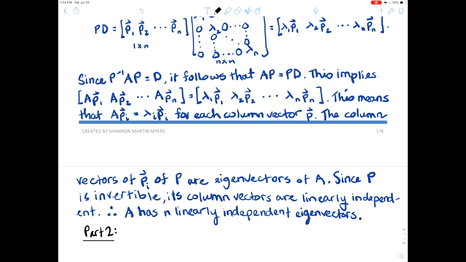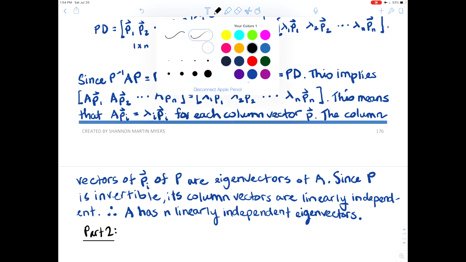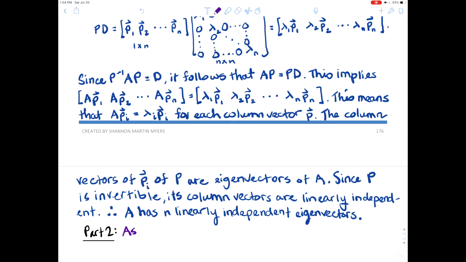Now we have to go the other way because this was an if and only if proof. So let's now assume A has n linearly independent eigenvectors.